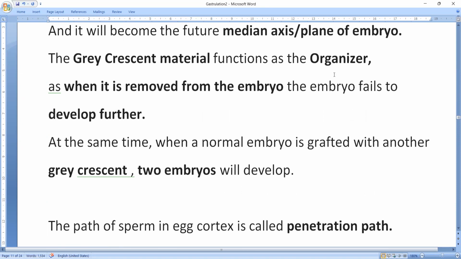There is a scientist called Spemann. I'll just write the name. I'll explain his theories later.